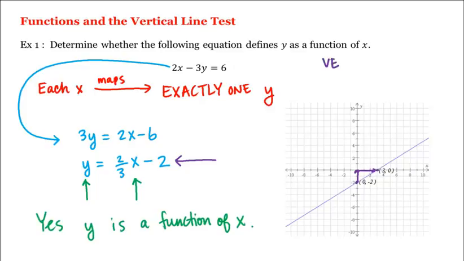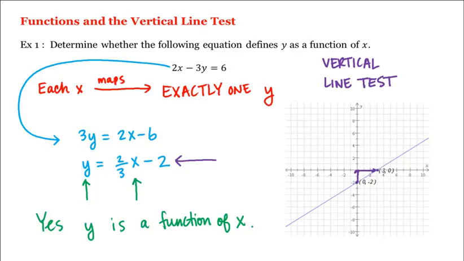Now there's something called the vertical line test, which gives us a way to determine whether an equation defines y as a function of x by looking at its graph.